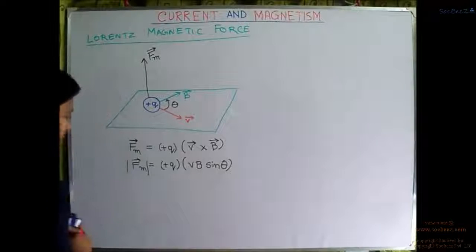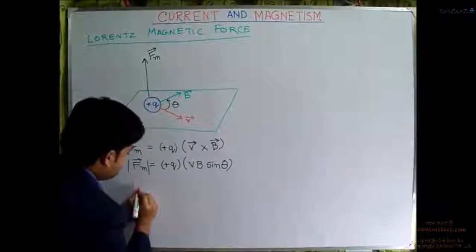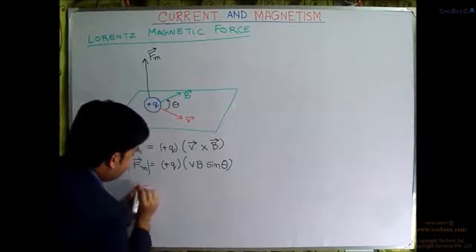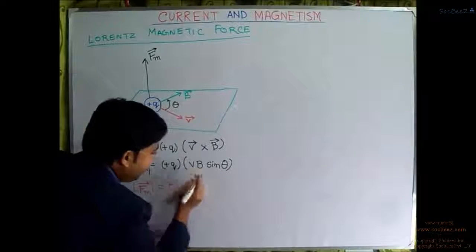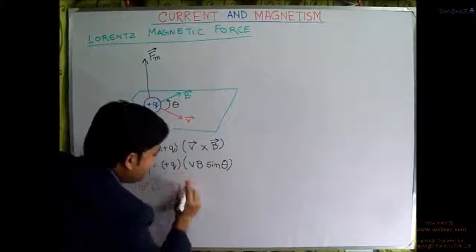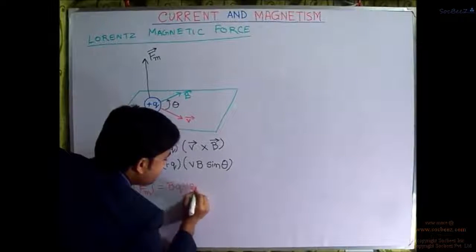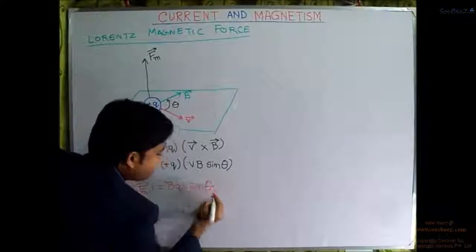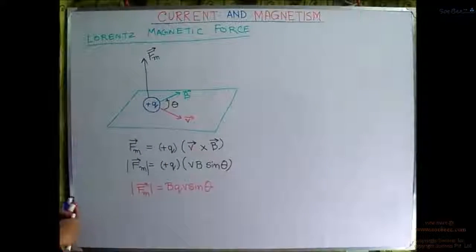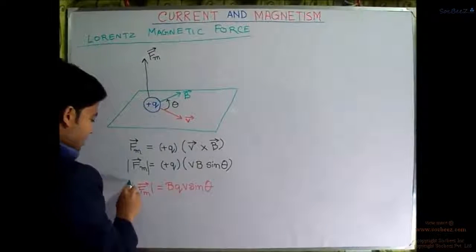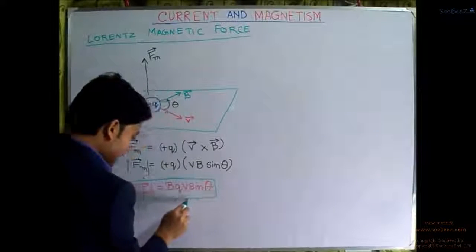So we can write simply that the magnitude of Fm will be equal to B Q V sine theta, right? Now this is the magnitude.